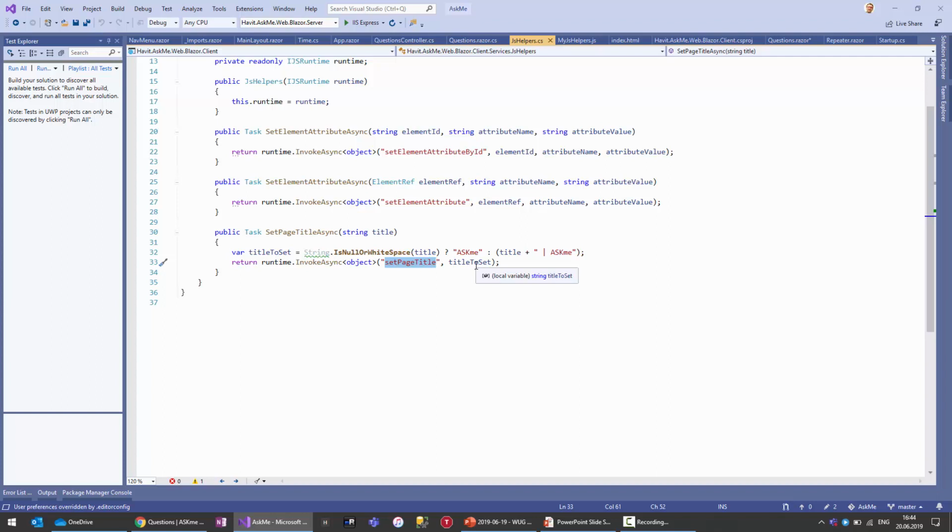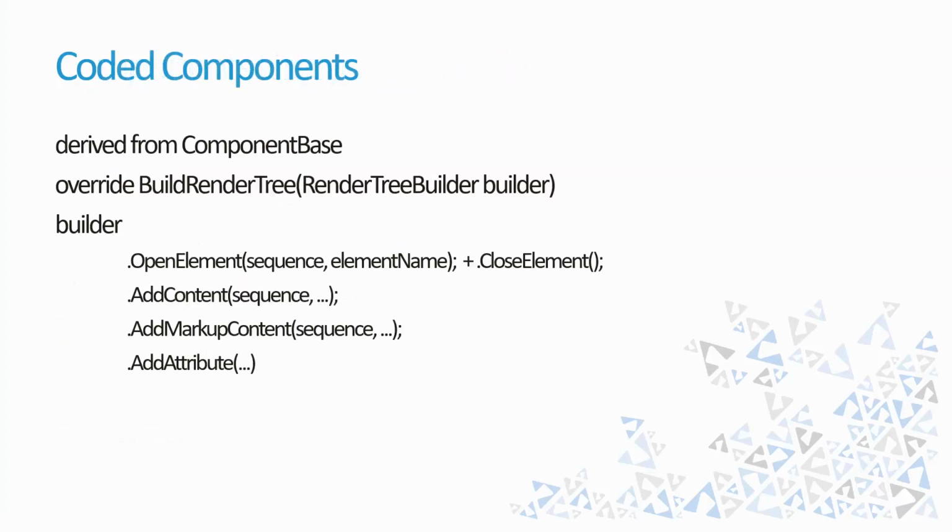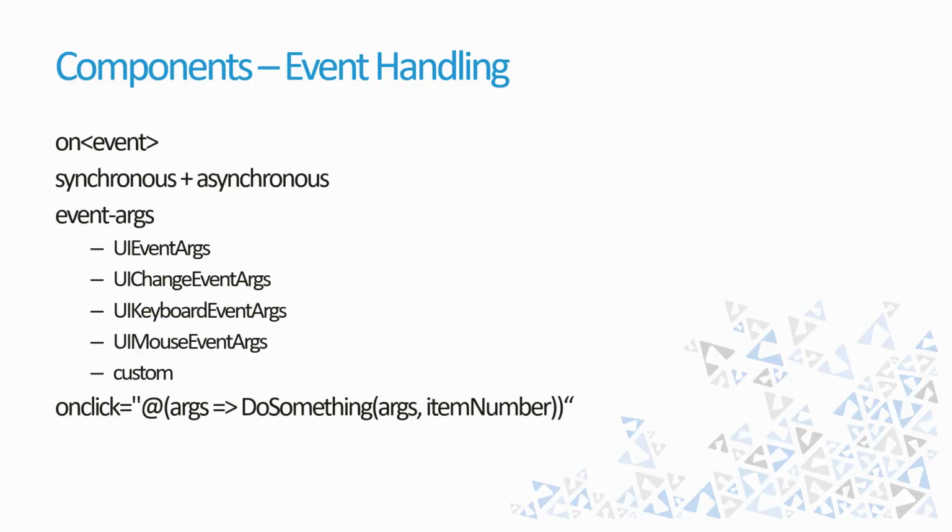There is an opposite way where you are able to call your .NET method from JavaScript. There is the .NET class, and on that .NET class there is an invoke method.